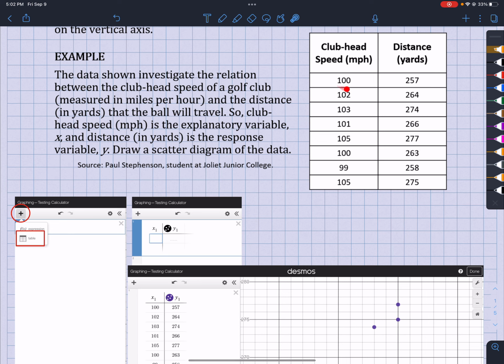So 100 miles an hour club head speed might get one person 257, but for Tiger Woods, that's a very slow swing for him, and he might still get 300 yards from that, and when he increases, he might go further, because he can hit the ball better than anybody else. He hits the center of the face of the club better than anybody else. If we don't hit the center of the face, we lose distance. So human nature is not going to give the best prediction.